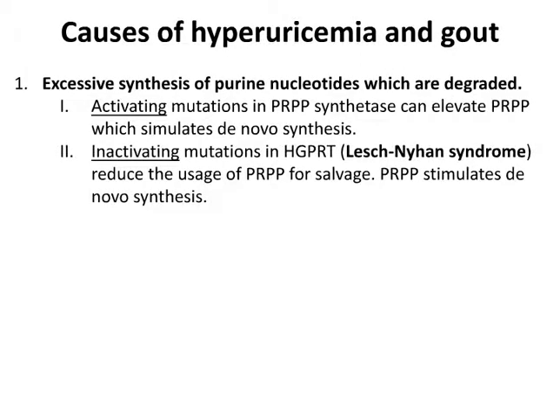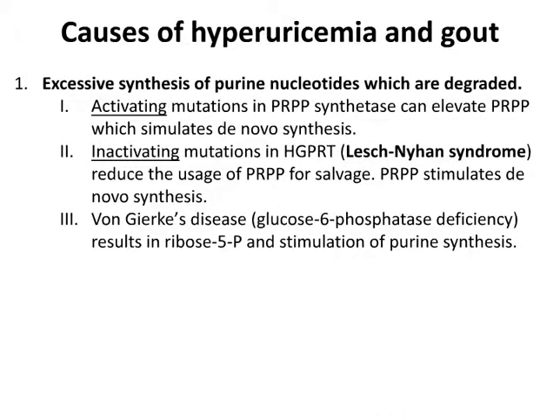Sometimes there are activating mutations in PRPP synthetase, which can elevate phosphoribosyl pyrophosphate levels, which can stimulate de novo biosynthesis. Remember, PRPP stimulates glutamine phosphoribosyl aminotransferase, the committed and control step in purine biosynthesis.